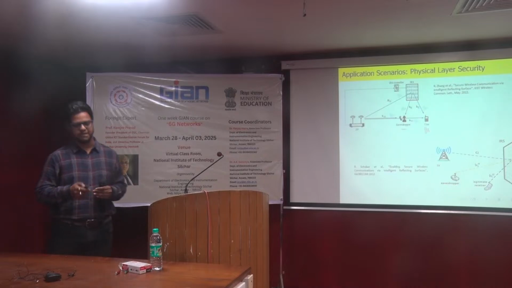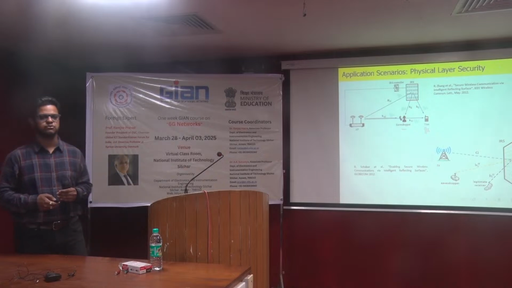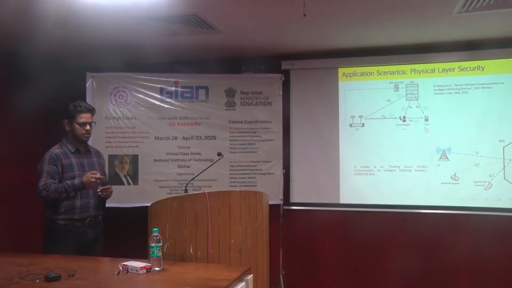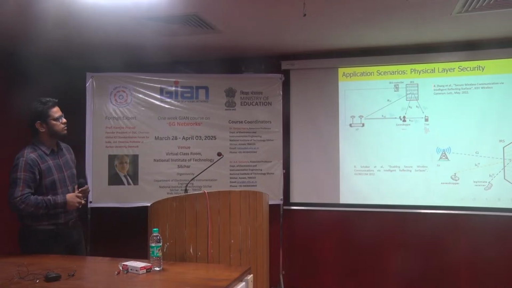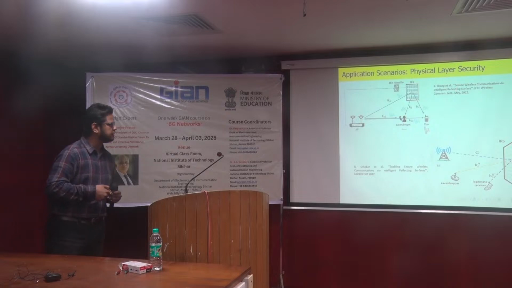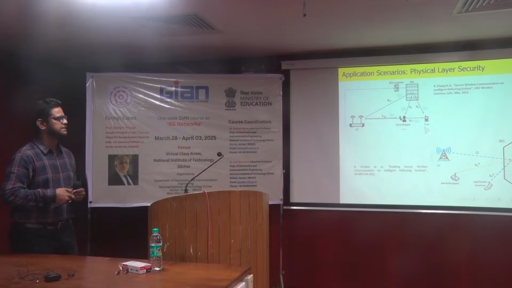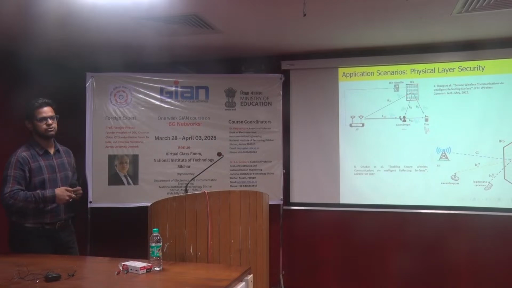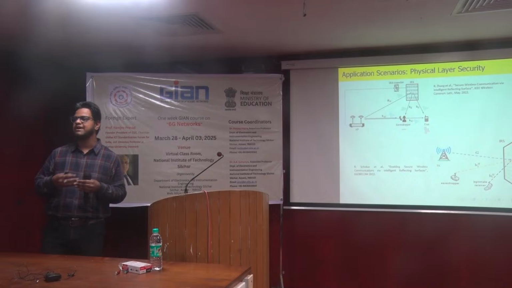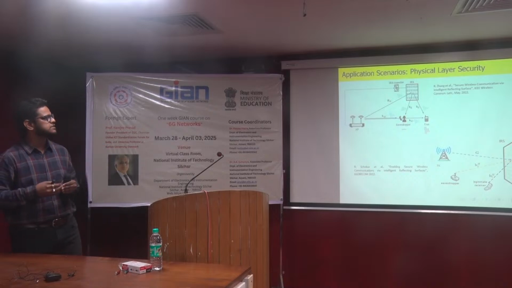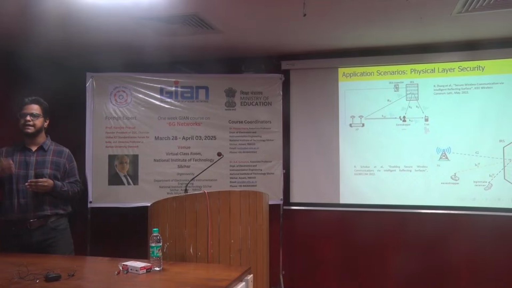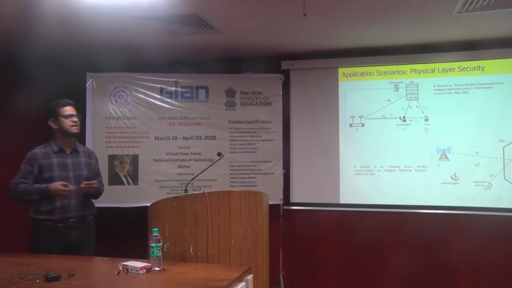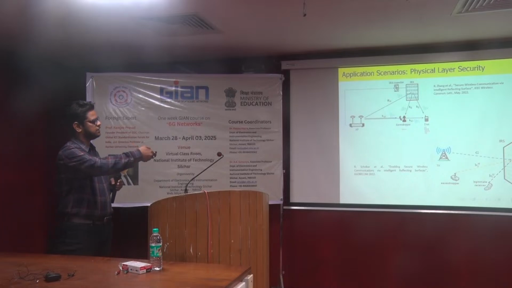Then the next application is that it can be used to improve physical layer security. In the first scenario, Dr. Zhang implemented an access point where there is a direct link from the access point to the eavesdropper and the user itself. Here the RIS can be used to nullify the signal, so that the signal transmitted through the IRS link counters or nullifies the signal transmitted from the access point to the eavesdropper.